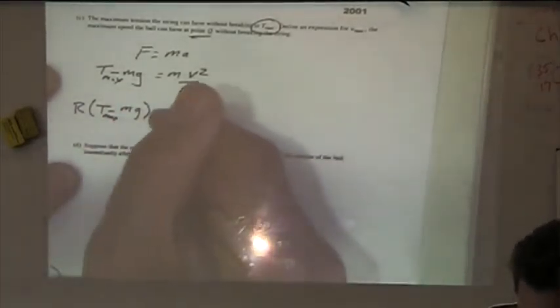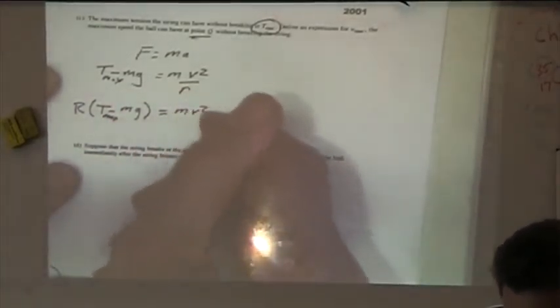So if I multiply both sides times r, I'm just going to put r and put this entire side in parentheses, T minus mg, and that's T max, by the way, and that'll equal mv squared. Divide both sides by m, and I'm just going to leave that outside the parentheses, and then take a big square root of the thing.